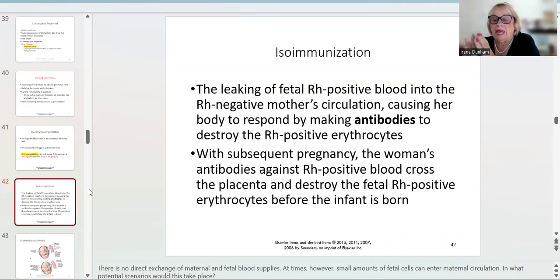What happens then is that the poor baby's Rh positive erythrocytes go down in the count. Okay. They go down. And so babies can get very anemic. And that's a condition called erythroblastosis fetalis. And I think I have a picture here.